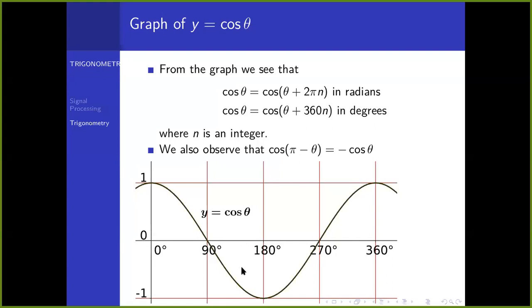So those two lines will have the same height. The one on this side and the one on that side will have the same height. The only difference is that they will be of opposite sign. The one on this end is positive, and the one on this end is negative. So the cosine of pi minus theta is the same as the negative of the cosine of theta.